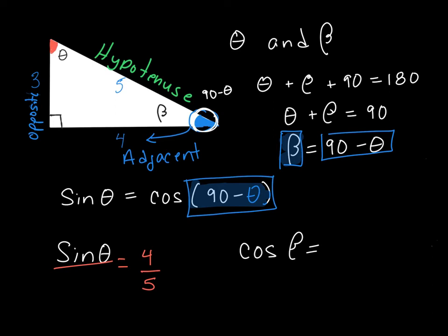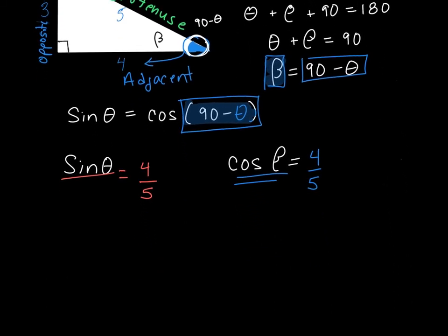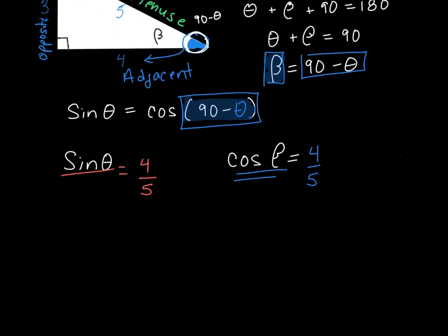Again, this is my blue angle, so I'm going to use the labeling that I have in this triangle. So this one is also 4 over 5. And beta is 90 minus theta. To use this identity, one of the things you can do is find a cofunction.